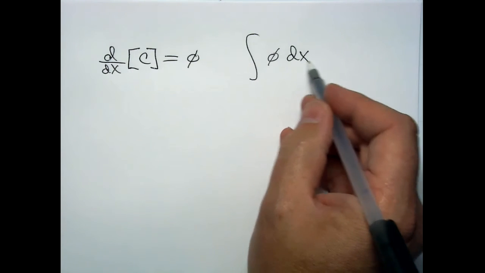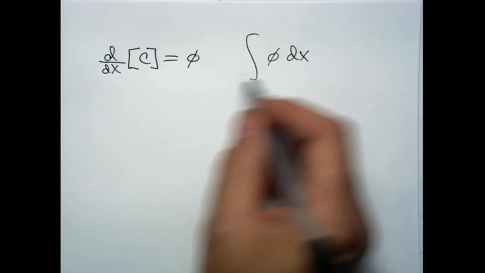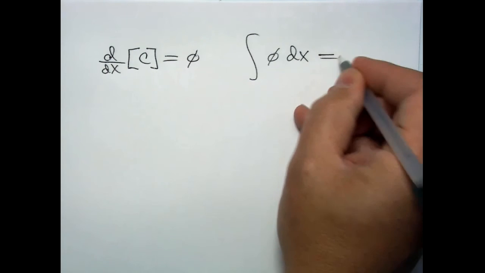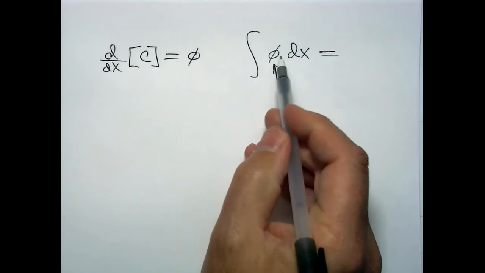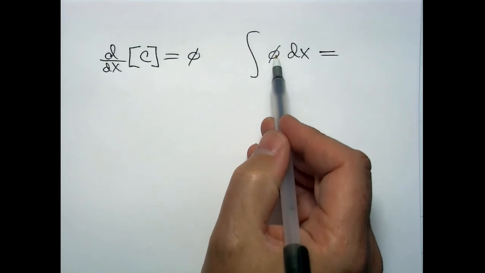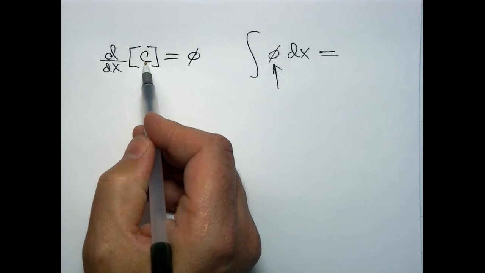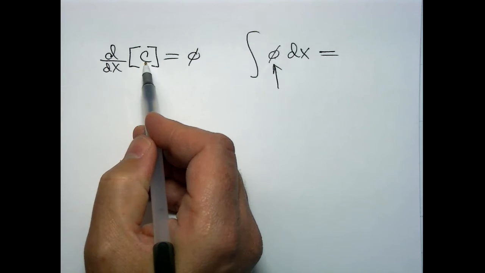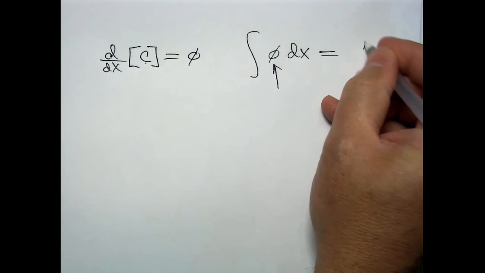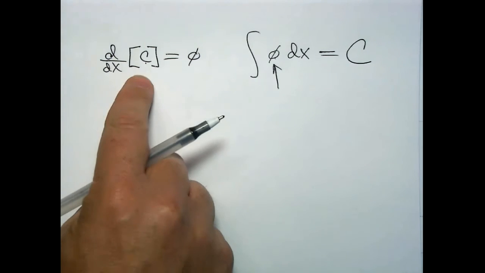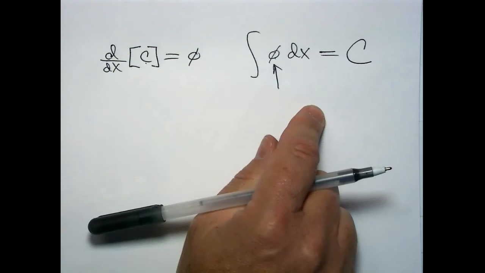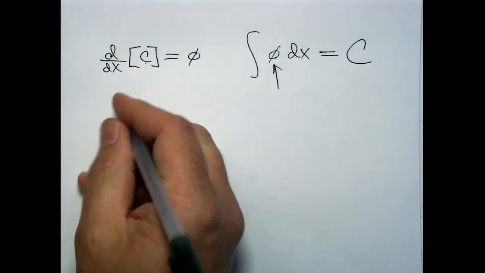In this case, we'll stick with x as our independent variable. Let me answer this question for you. I am thinking of an original function whose derivative is 0. That's what I'm thinking of right there. The derivative of a constant is 0.